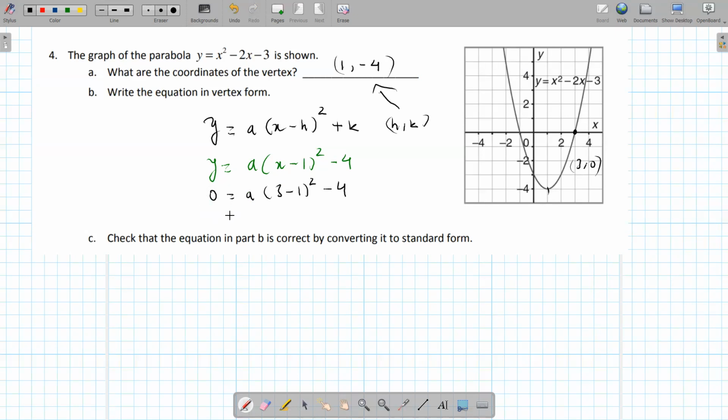Right. So you get 4 is equal to 8 times (3 minus 1) squared, which is just 8 times 2 squared. Now what?